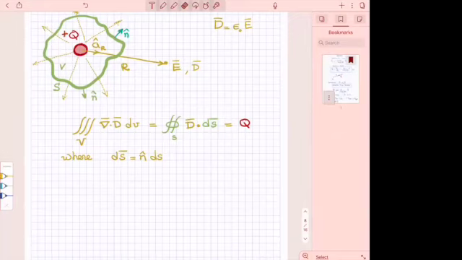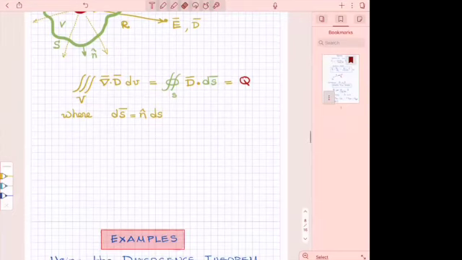Because charges, even microscopically, they distribute. But macroscopically, you can make the assumption that if the charge is all concentrated in a very close vicinity, then you can say that it's a point charge.